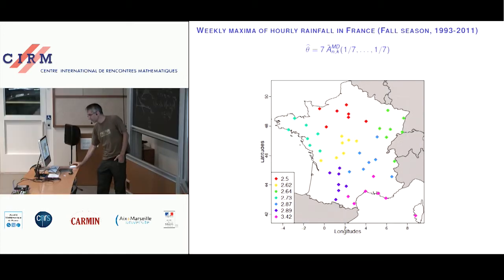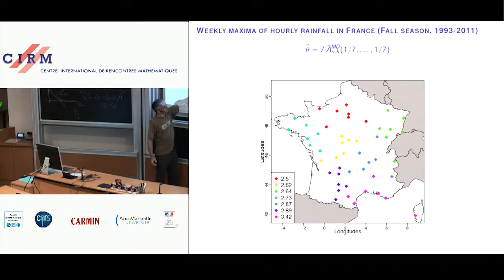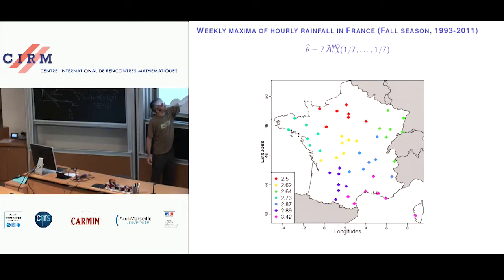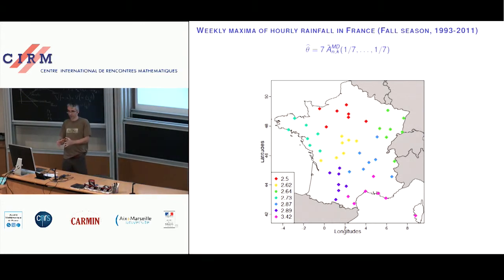And so you can see when you go here in the north, you get around 2.5, 2.6 and so on. And when you go in the south, you get something higher. Okay? So when this extremal coefficient is higher, it means there is a weaker dependence.